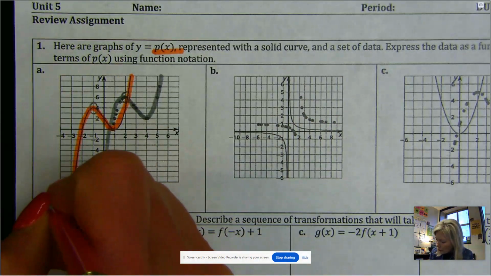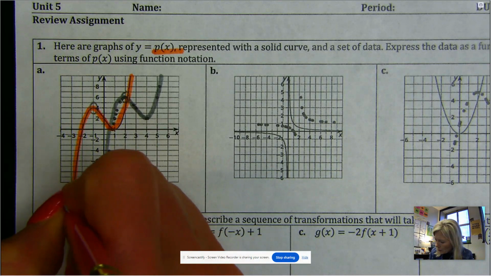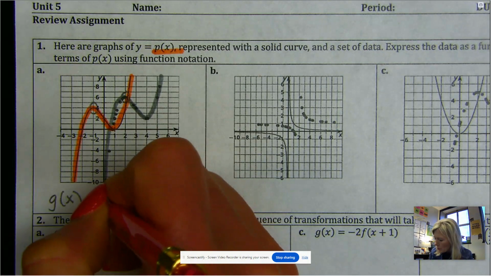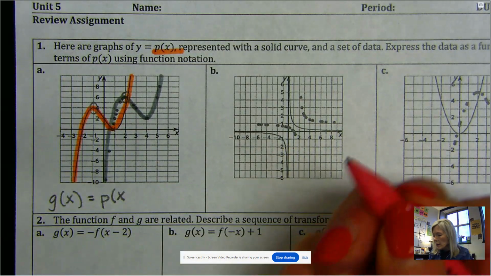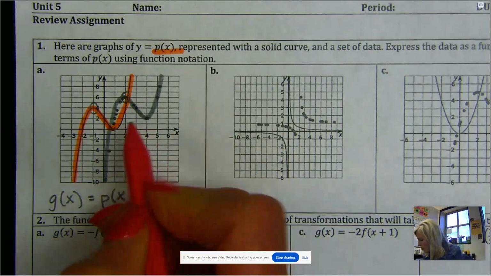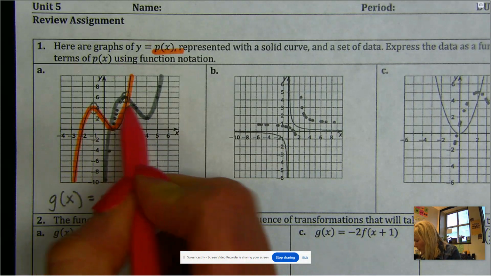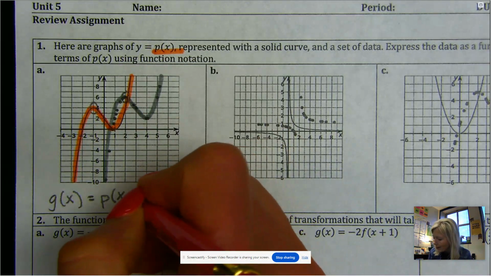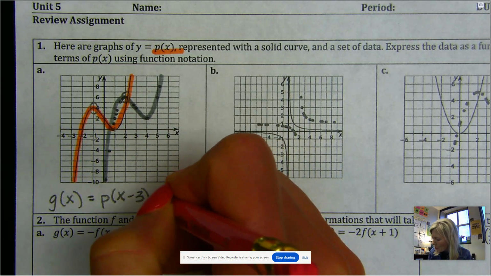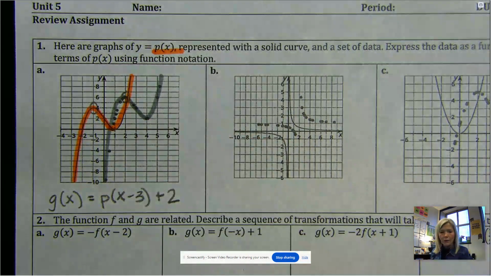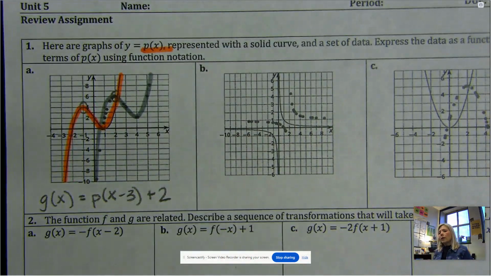So that means g of x is equal to p of x. And then to the right 3, wait, was it 3 or 4? 1, 2, 3. Yeah, 3 and 2. Okay, so to the right 3 is x minus 3, and then up 2 is plus 2 on the outside of the parentheses.